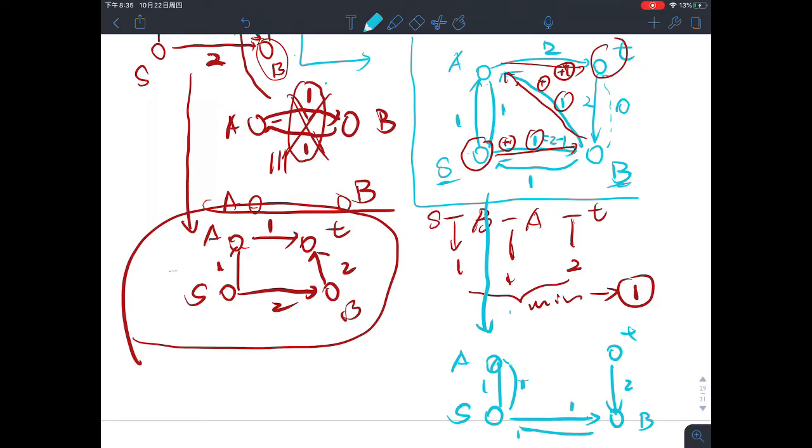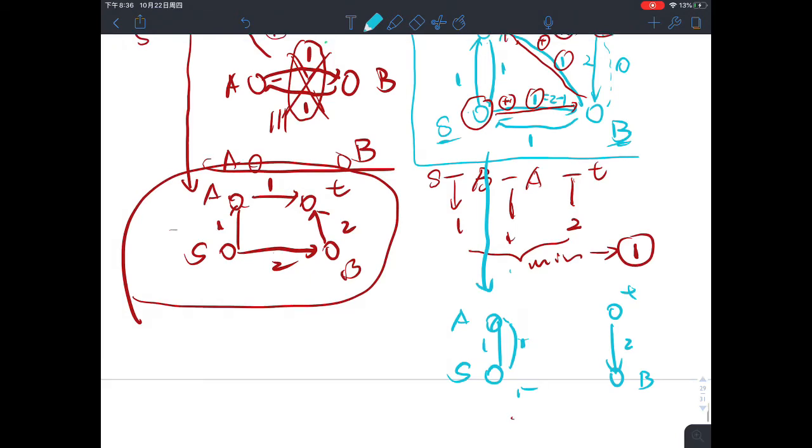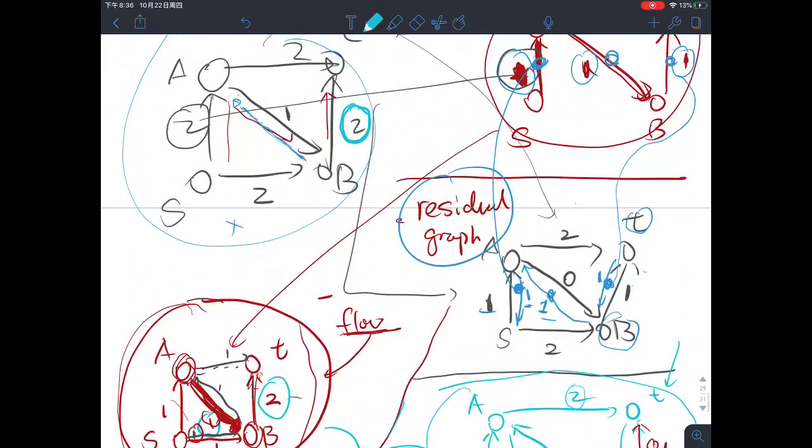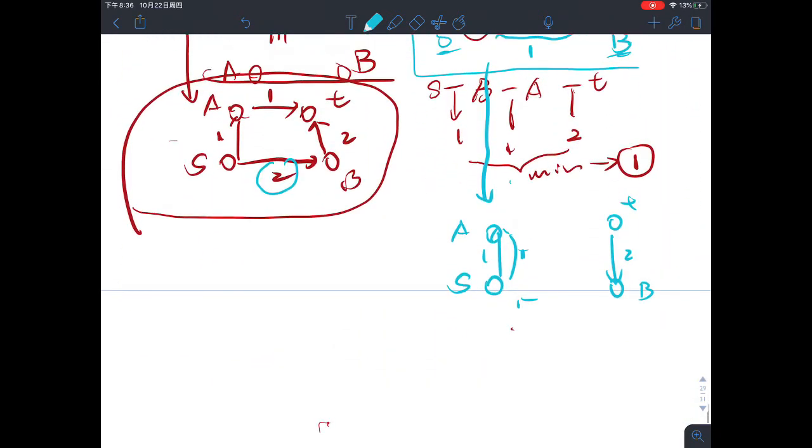This is actually not 1 anymore. Let's be careful. Now I'm moving 2 units of flow, whereas the capacity is also 2 units. That means I'm no longer able to push any flow from S to B anymore, so I can write that down either as 0 or just delete the edge from S to B directly.